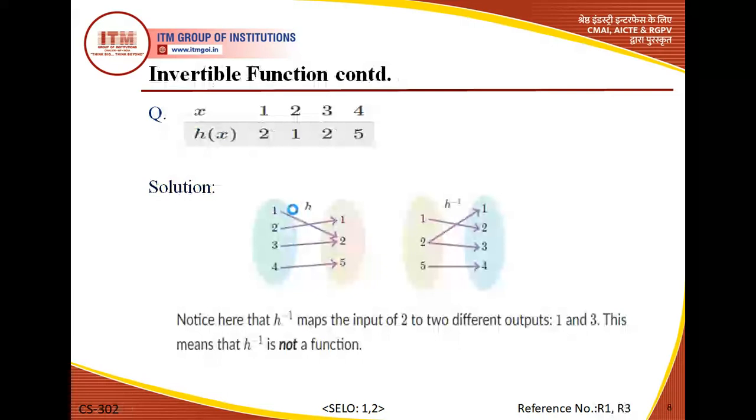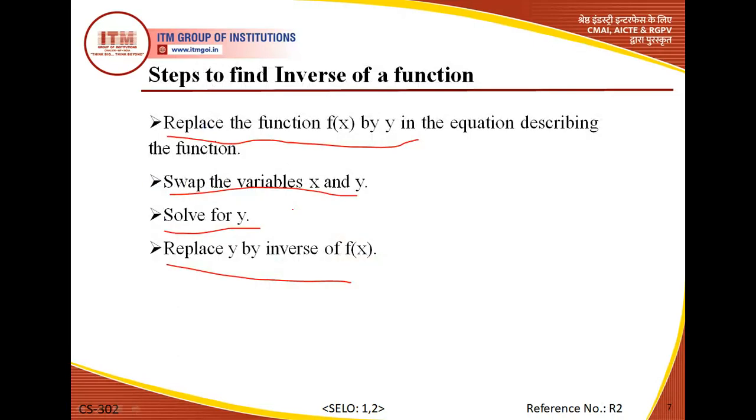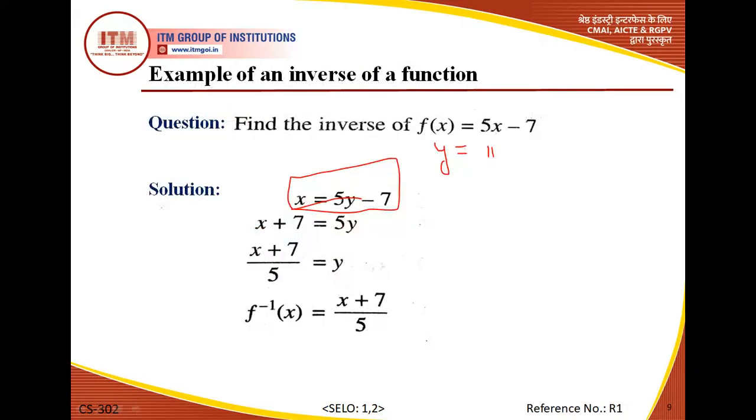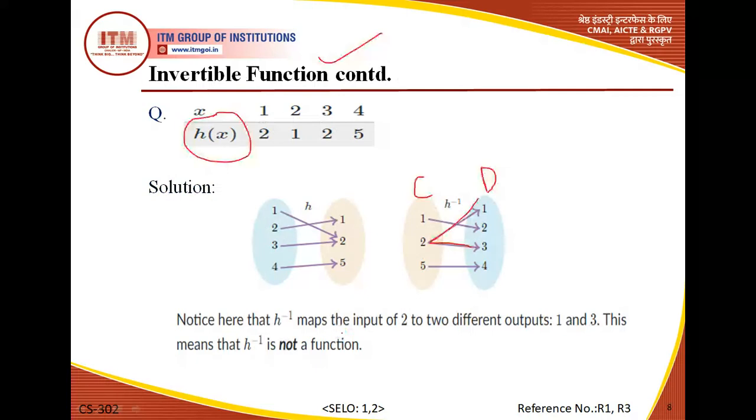The third step is to solve for y, so we basically have to find the value for y. For that we have to take this 5 over here. Hence it would become y = (x + 7)/5.